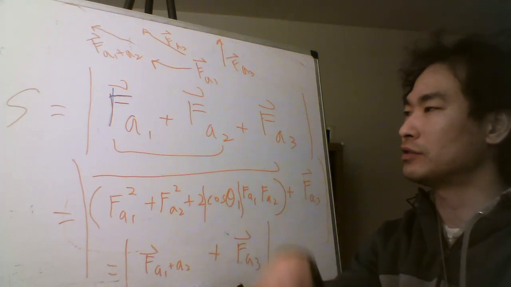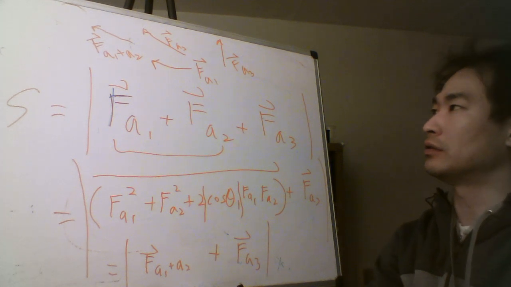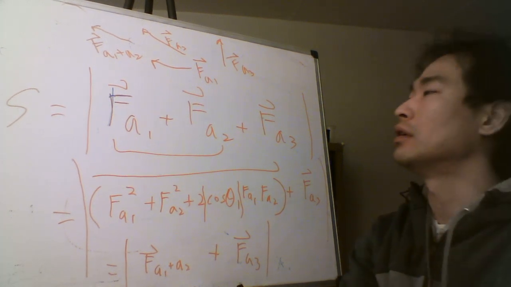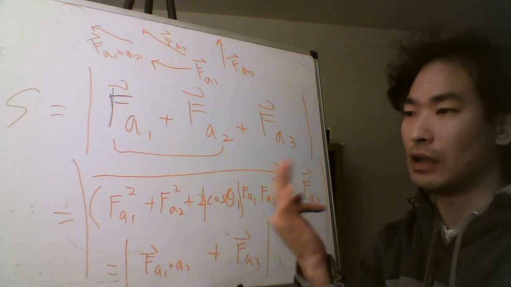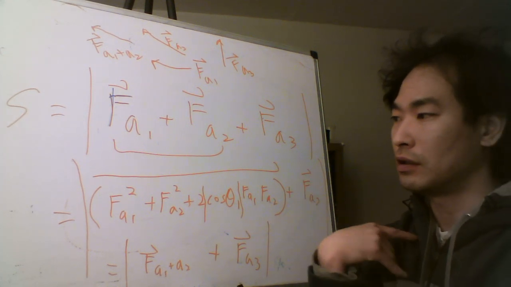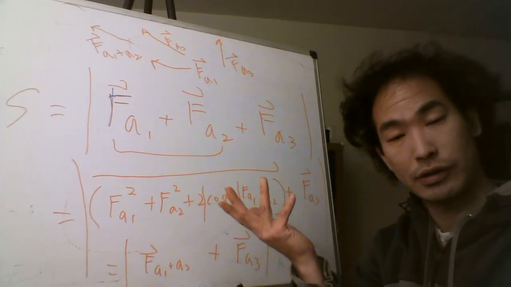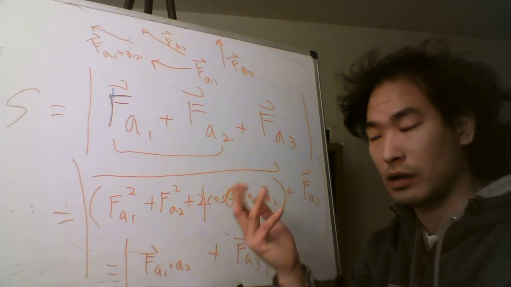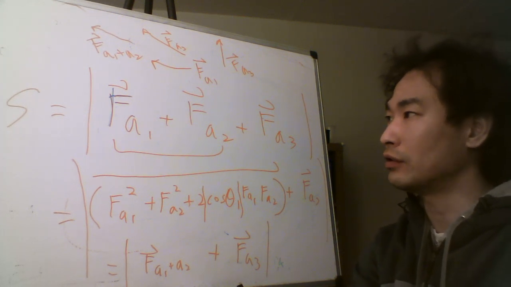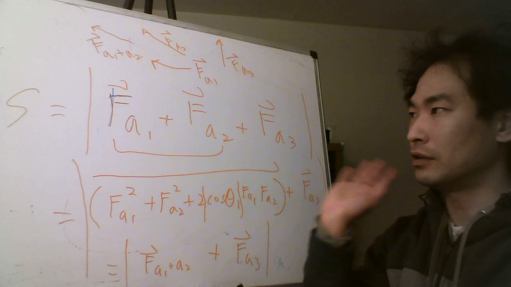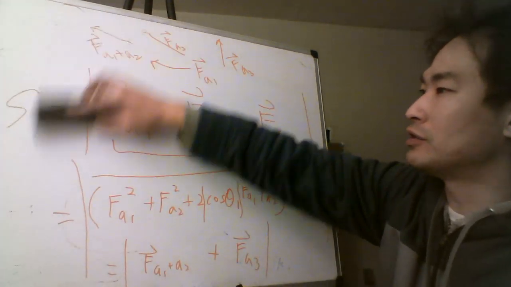Let's forget about stress. We want to find out a formula, one single formula that can express the addition of all force vectors. That's what we are trying to find out. Let's do it step by step. Forget about the stress vector.